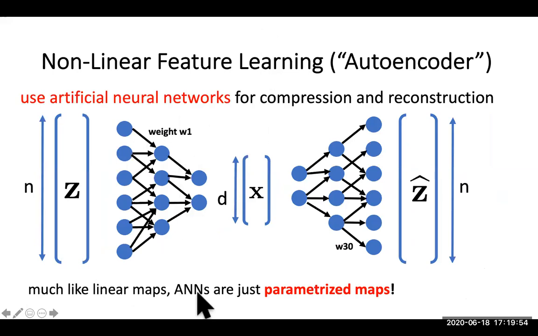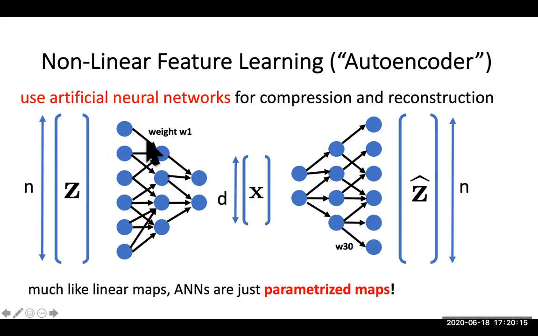In the end, an artificial neural network is nothing but a map, a rule that defines how we take an input vector and produce an output vector. And this rule can be tuned or adapted or changed by weights, by choosing weights.